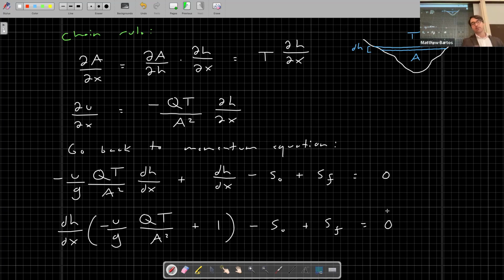And now note that we have discharge divided by area squared. So this is just going to become uT over A. Let's go ahead and write that out.